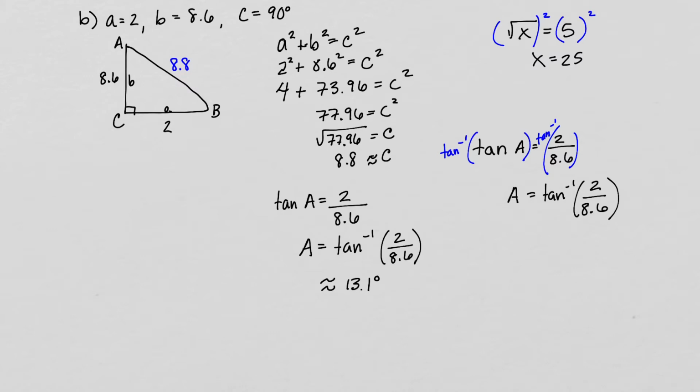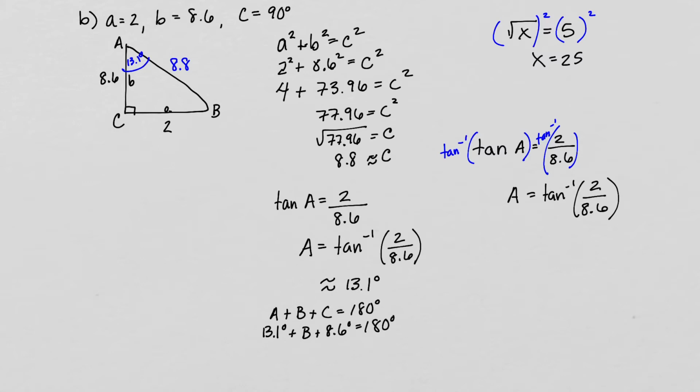So now we know that angle A is 13.1 degrees. In this case, we don't have a choice. We need all the angles of our triangle to add up to 180 degrees. So we need angle A plus angle B plus angle C to be 180 degrees. Angle A is 13.1, angle B we don't know yet, and angle C is 8.6 degrees.